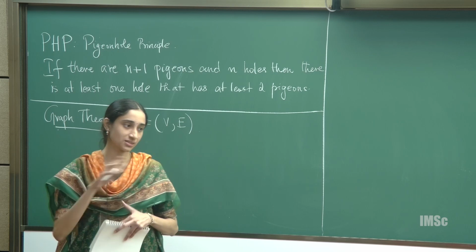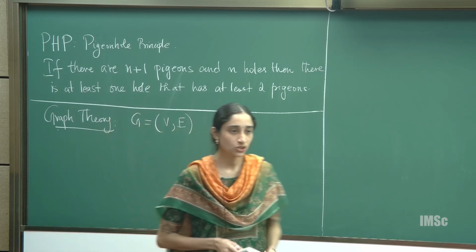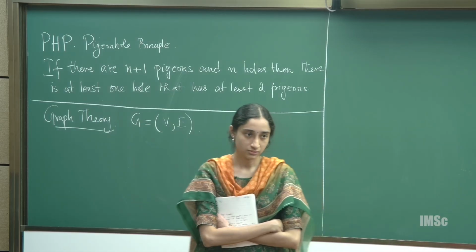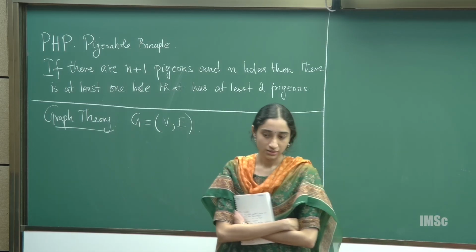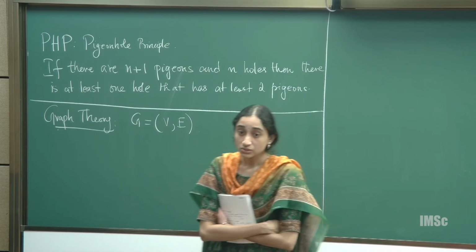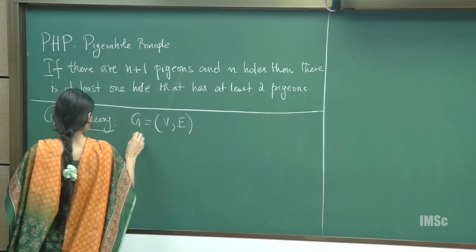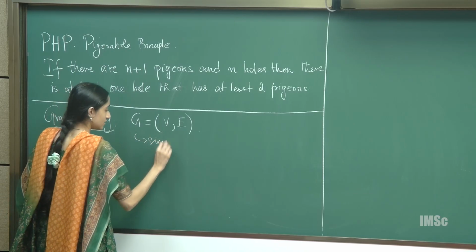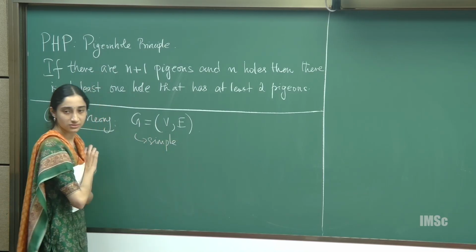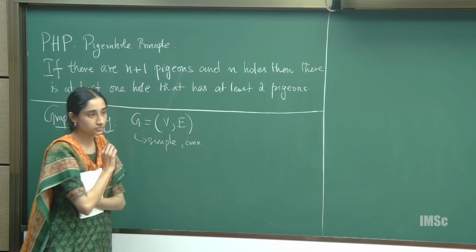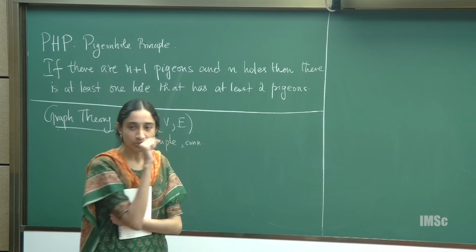Maybe 5 vertices, and every vertex should have a degree that is different from every other vertex. Difficult. So maybe we'll say G is a simple graph, G is connected. Other assumptions that you want to make. Can you try and draw?